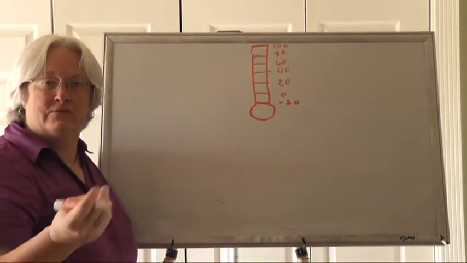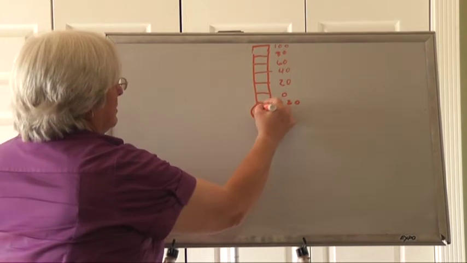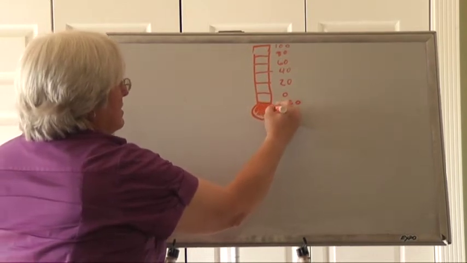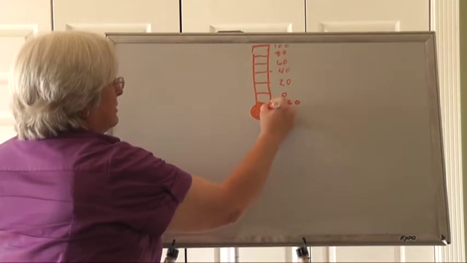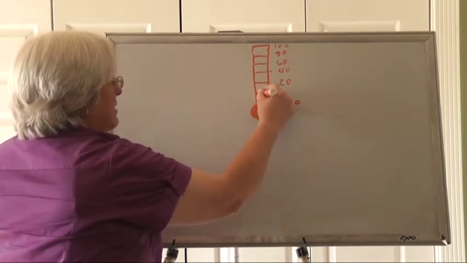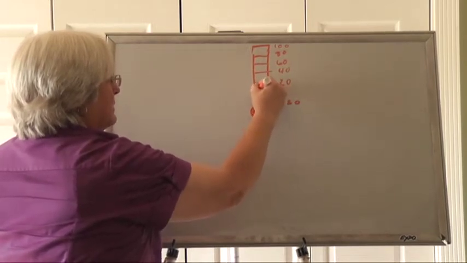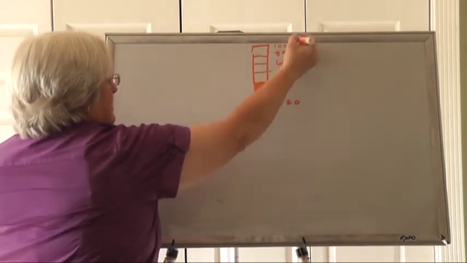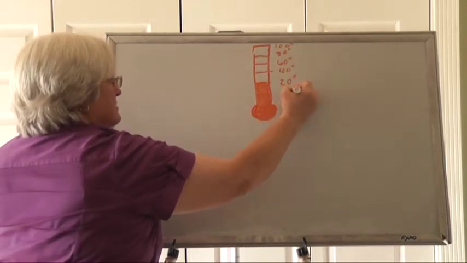And what I've done here is I've drawn a very crude representation of a thermometer. We have our red colored substance in here, which used to be mercury. I'm not sure what it is now. And according to what level it comes up to, that tells us how hot it is or how cold it is.